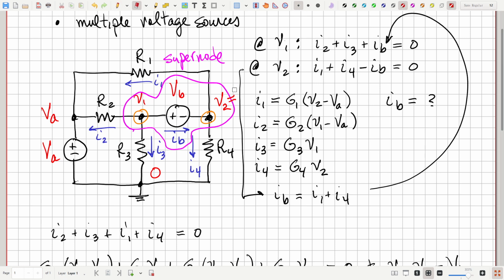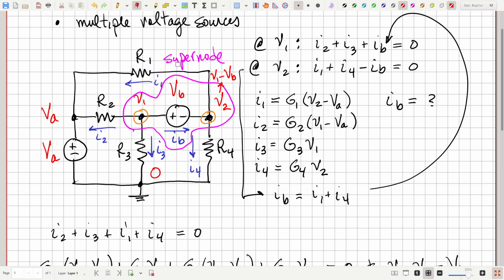And let me put it up on top. Okay. So that got rid of a second variable. So there was our problem of having one equation and two unknowns.